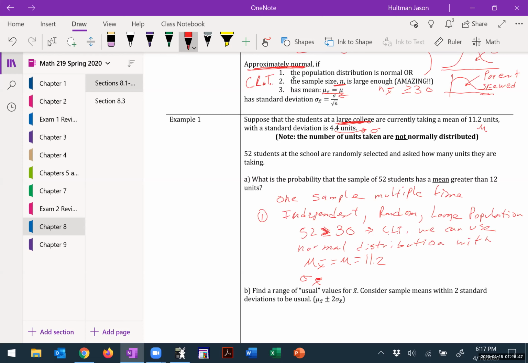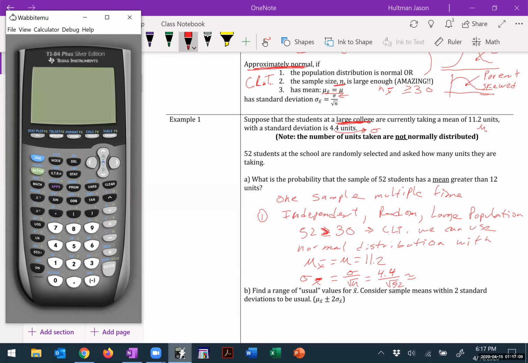And so this becomes sigma over the square root of n, which is 4.4 over the square root of 52, which is approximately, let's see, 4.4 divided by the square root of 52.